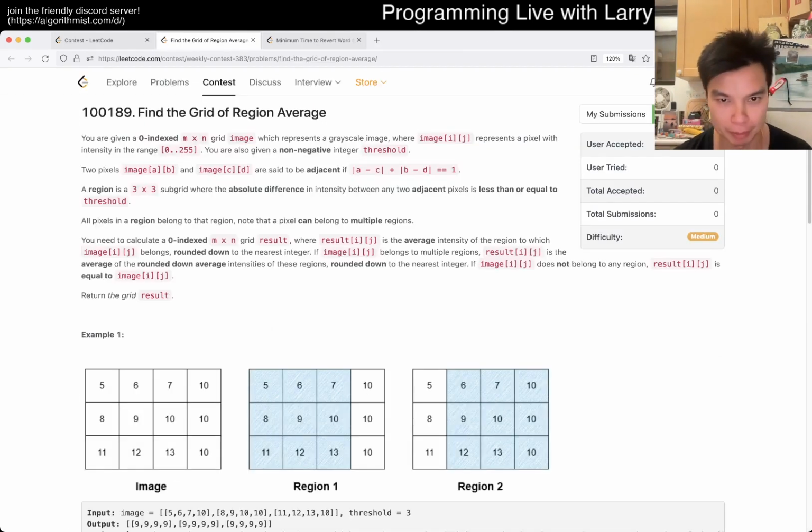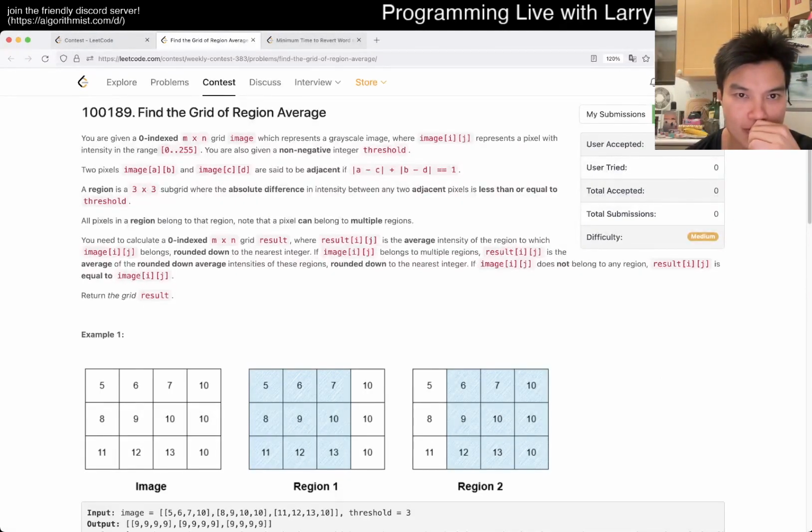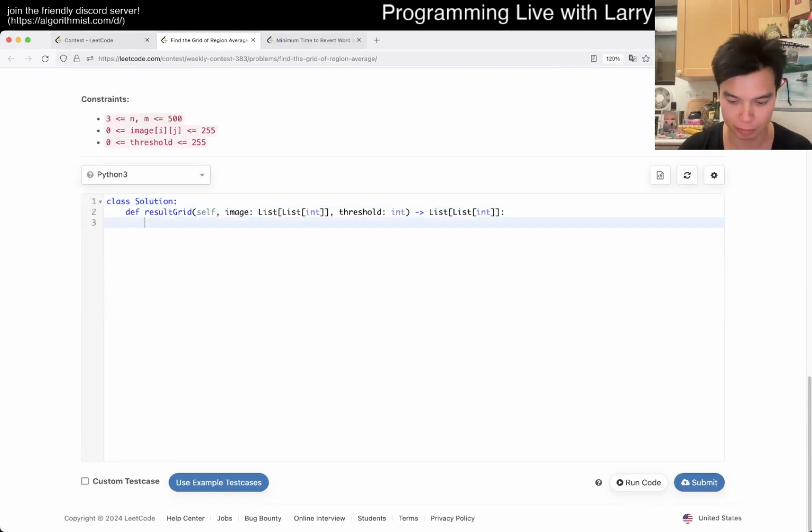I have to think about it. That's not so bad. It's like a suffix array thing. I don't know.